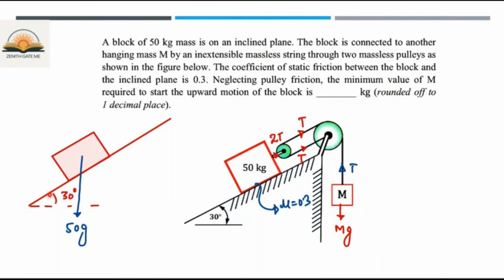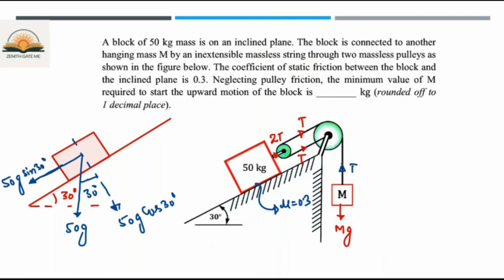If this angle is 30 degrees, the angle here is 90 minus theta, so this is theta only, 30 degrees. So the component is 50 g cos 30 degrees, and resolving along the inclined plane you get 50 g sin 30 degrees.